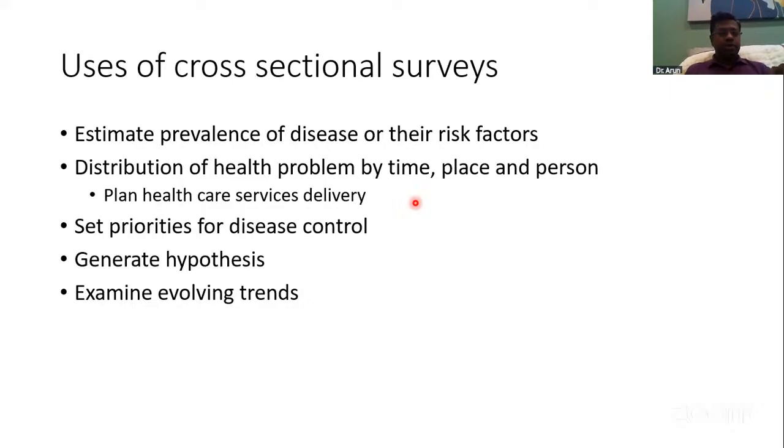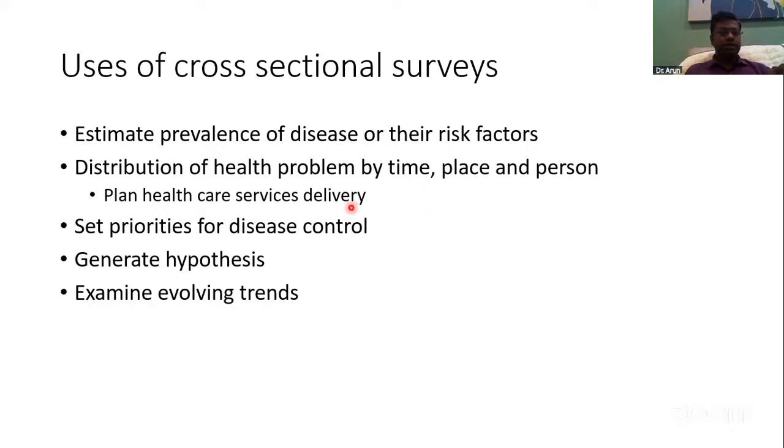For example, patients having hypertension also having obesity. Is obesity causing hypertension or is hypertension causing obesity? We cannot differentiate. For that, you need a comparator group, or you need to test your hypothesis. For that, you need other types of study designs.